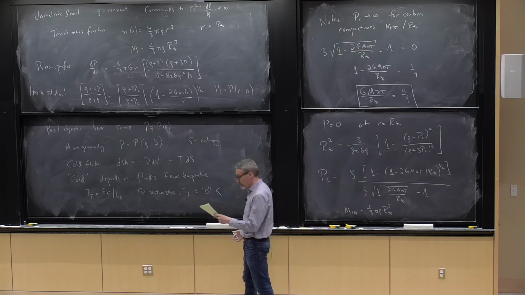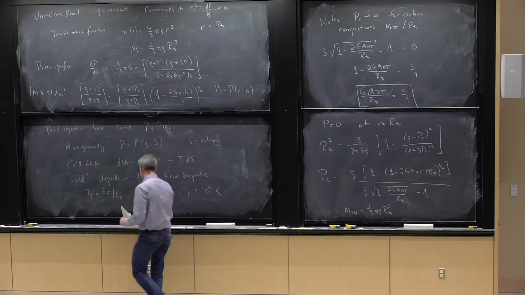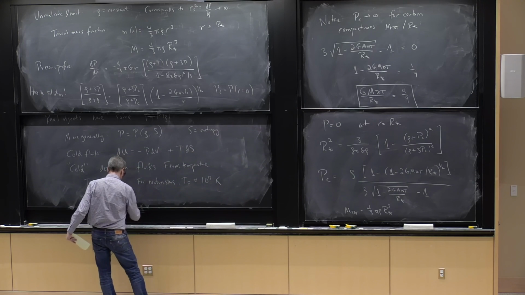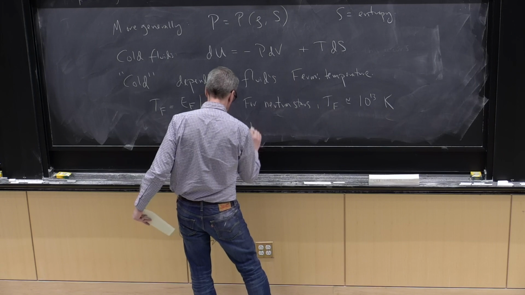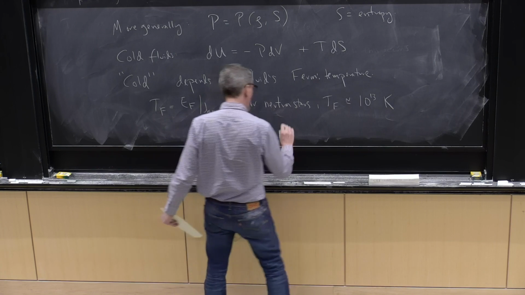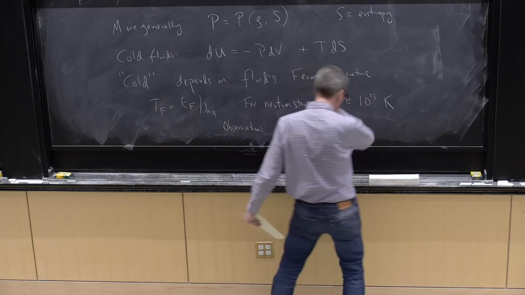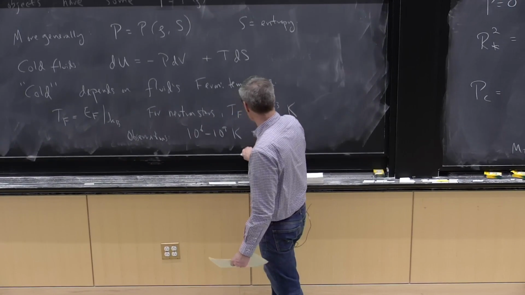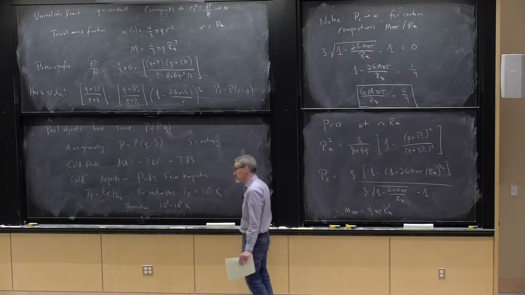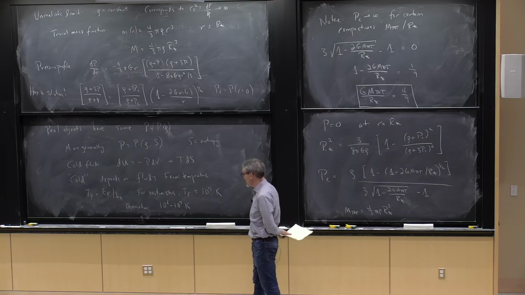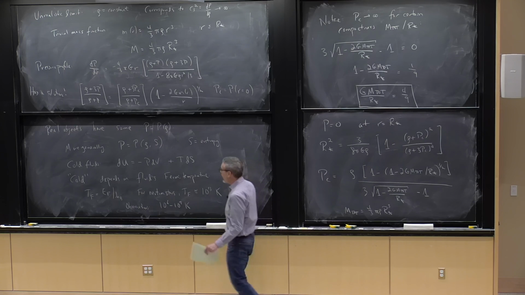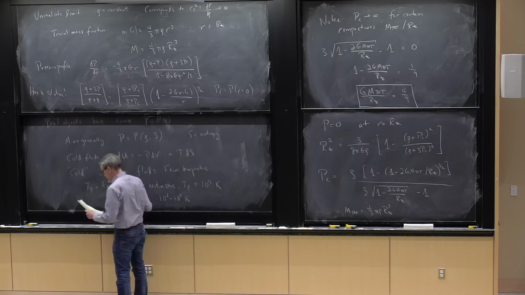When we actually observe these objects, they are on the order of 10 to the 6 to 10 to the 9 Kelvin. So they're a factor of about 10 to the 4 to 10 to the 7 times colder than the Fermi temperature. Even though they may be a billion Kelvin, they are cold. So we're going to use what are called cold equations of state to describe these guys.